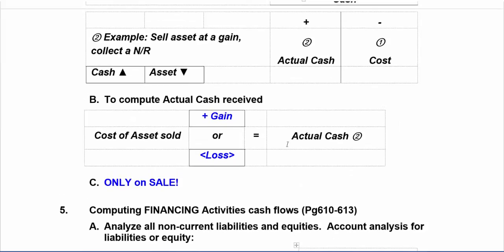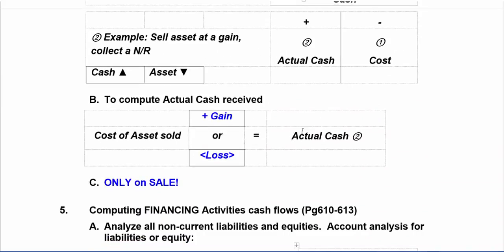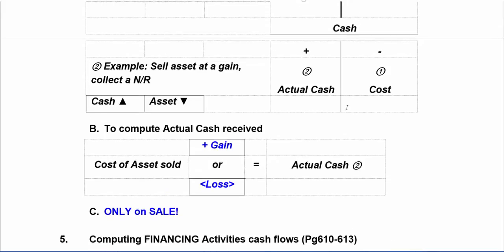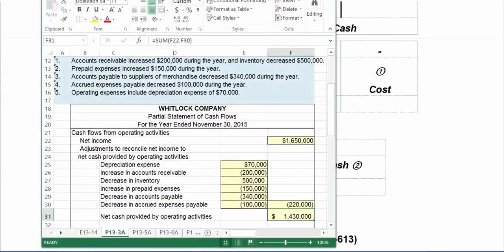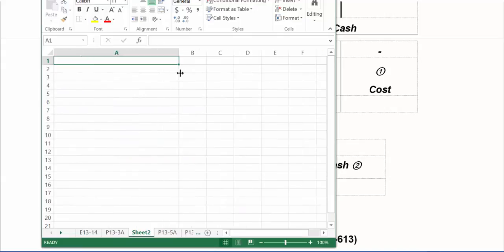The most complex of all of these in investing activities has to do with cash received from sale of a depreciable plant asset. So the depreciable plant asset would essentially say cost of plant asset.